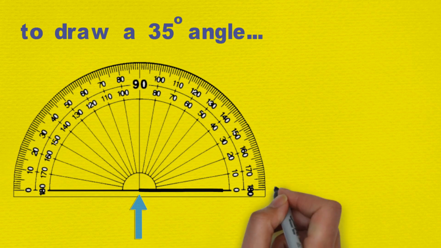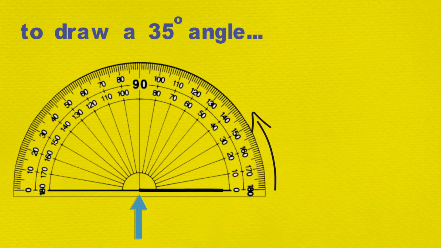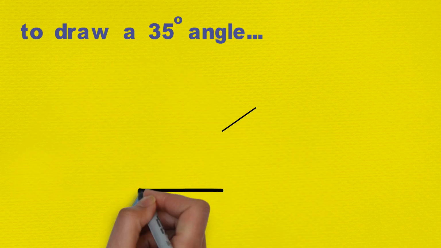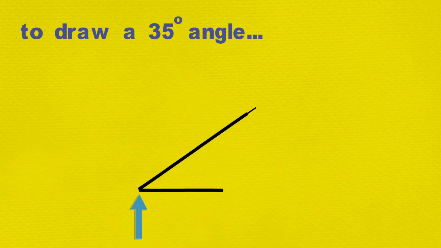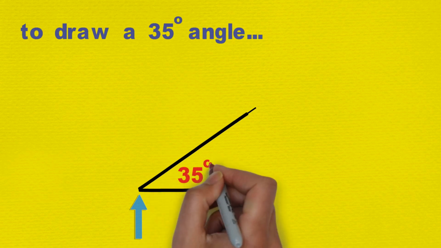Then, starting at 0 as always, mark where the 35 degrees is and just join that mark to the end of the line. There's your 35-degree angle.